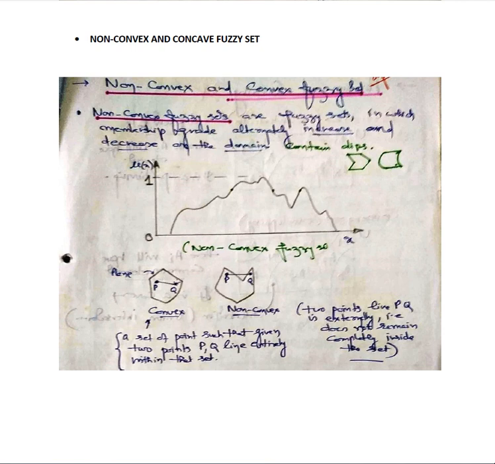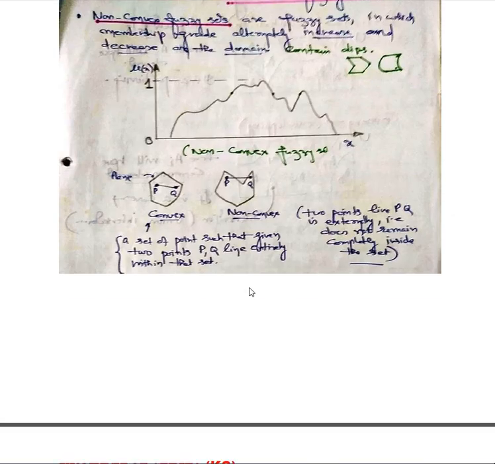Joining two points, the line stays inside, and that is termed concave. In a non-concave set, the line between P and Q does not remain completely inside the set. Here P and Q are not remaining inside the set; it is going out and again meeting. So any set which is intersecting, but taking an internal as well as external boundary, is a non-concave set.